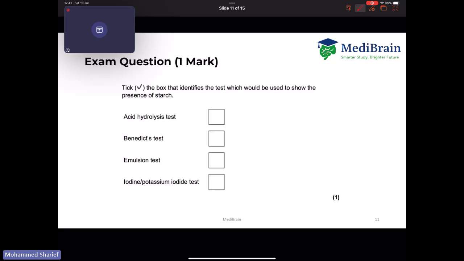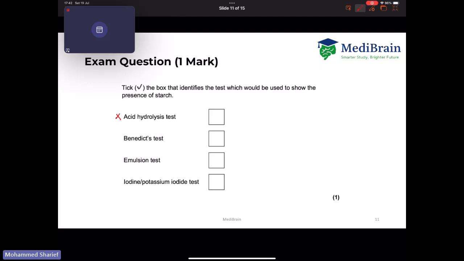Okay, nice tick box questions. These come up at least, I'd say, twice over the 3 biology papers that you sit, so you don't want to miss easy marks here. It says tick the box that identifies the test which would be used to show the presence of starch. Again, easy one. It's not the acid hydrolysis test, we've not even looked at that.